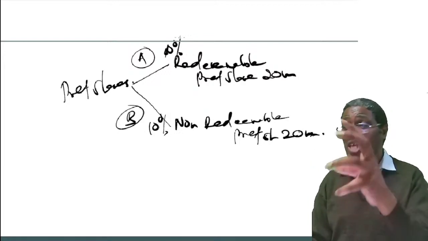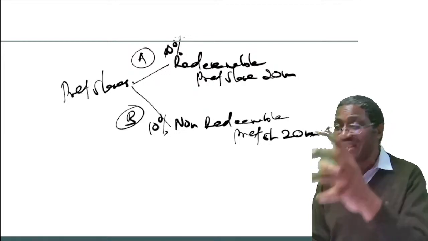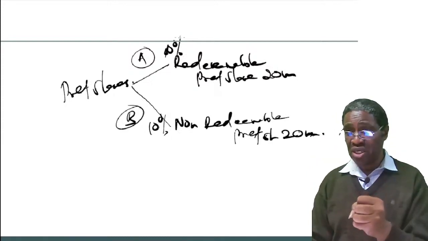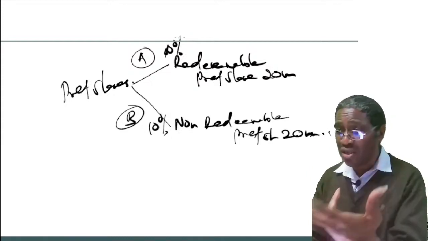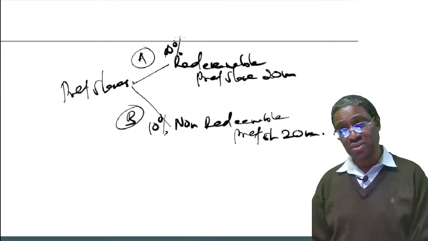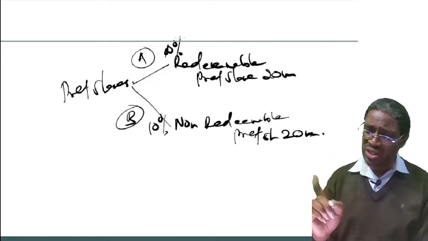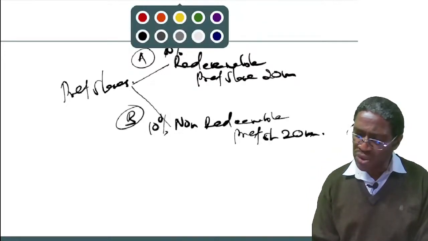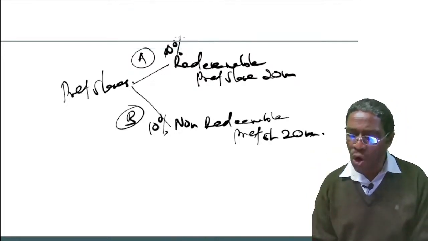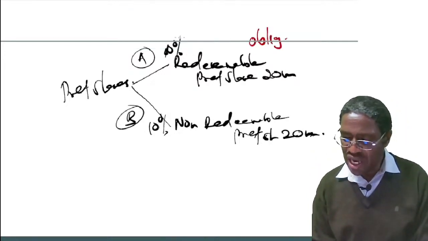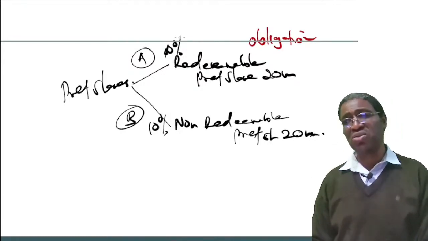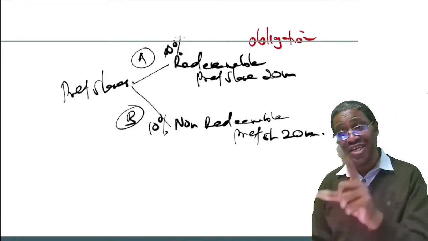In other words, a time will come when we shall redeem those shares. In other words, we shall pay you back your 20 million. So company A, when they were issuing those shares, at that point, had an obligation to pay back the 20 million.